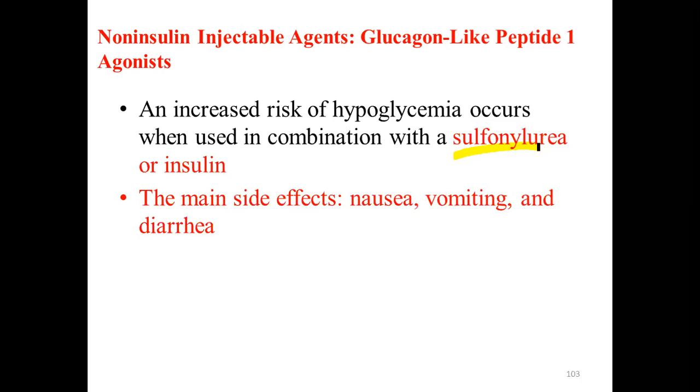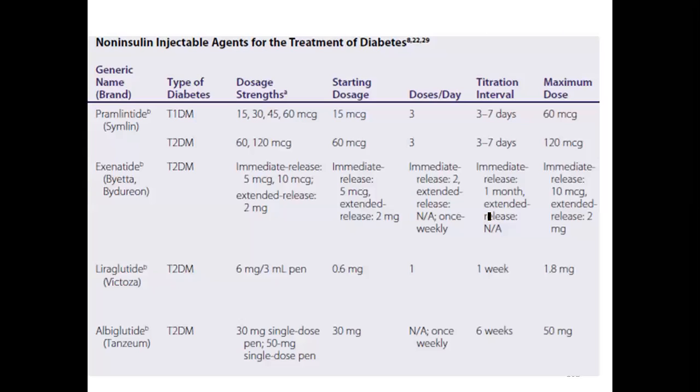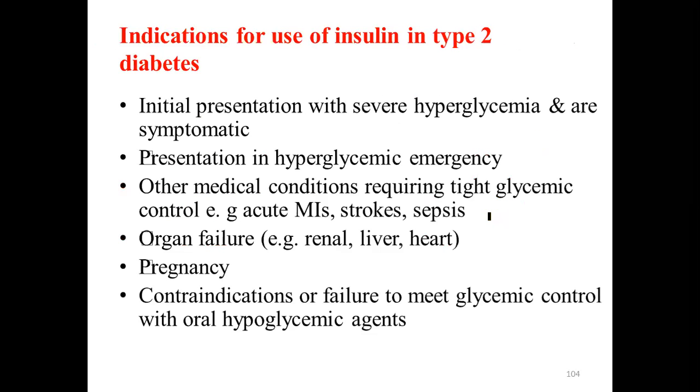However, the main side effects of this class of drugs are nausea, vomiting, and diarrhea. Okay, so this is all about the anti-diabetic medications we are going to use in the management of type 2 DM. Having said this much, now let me take you through the principles of management in type 2 DM.